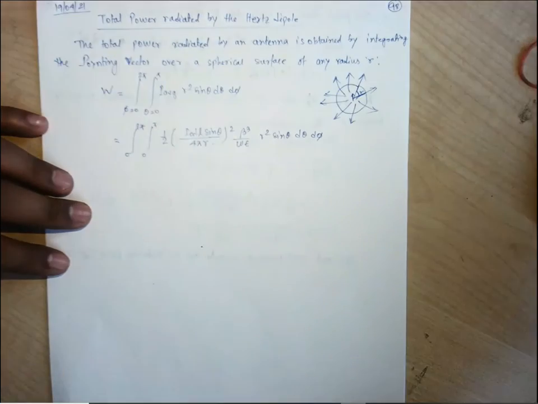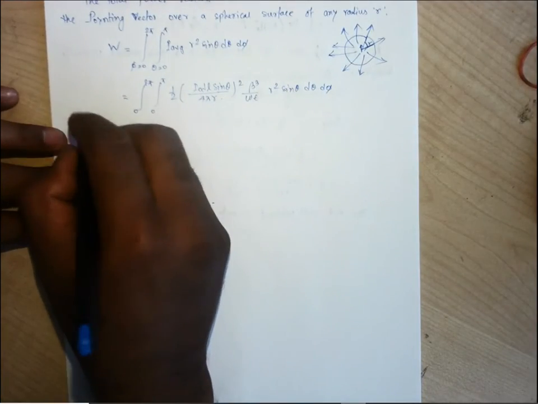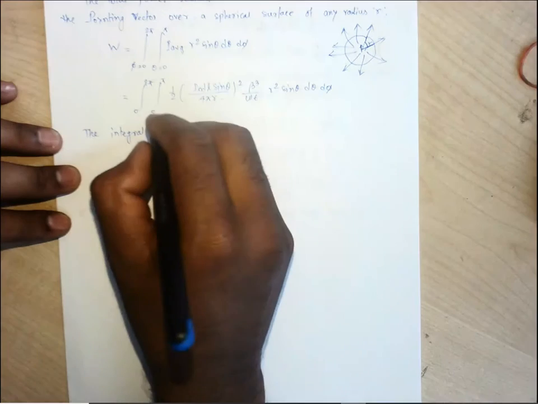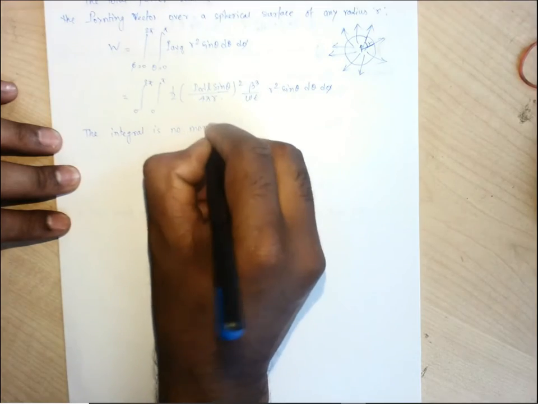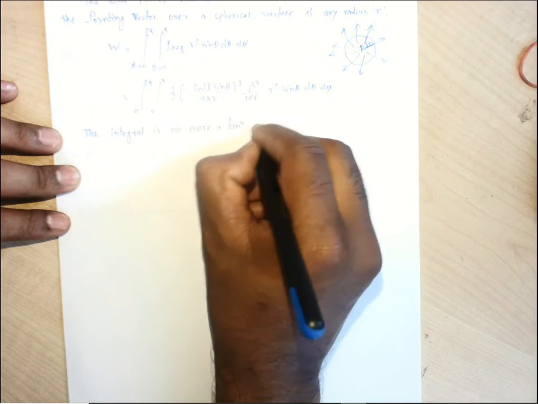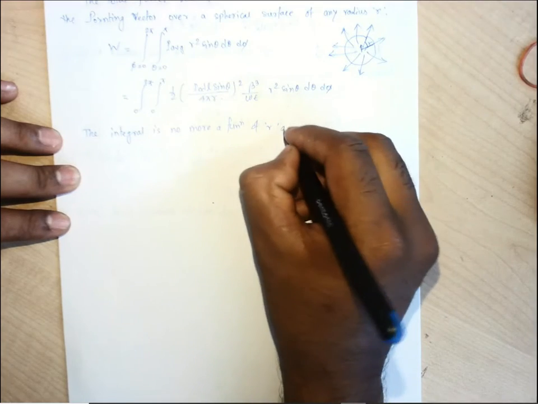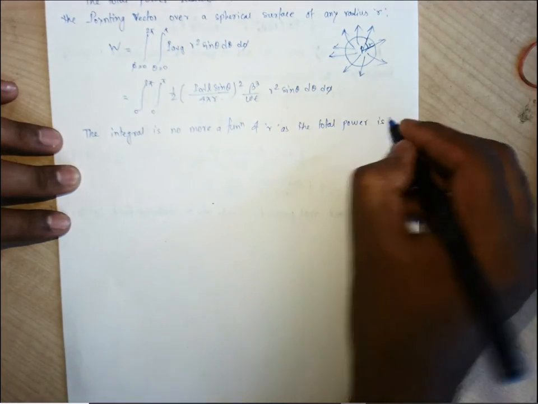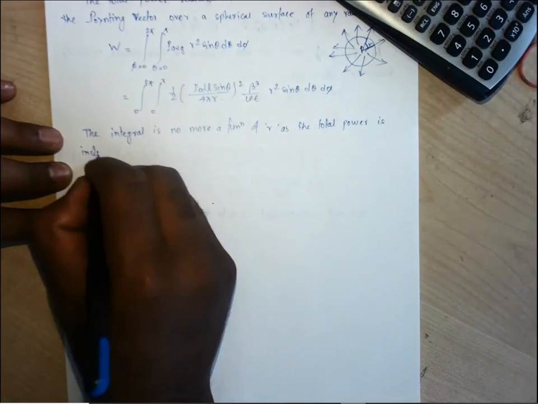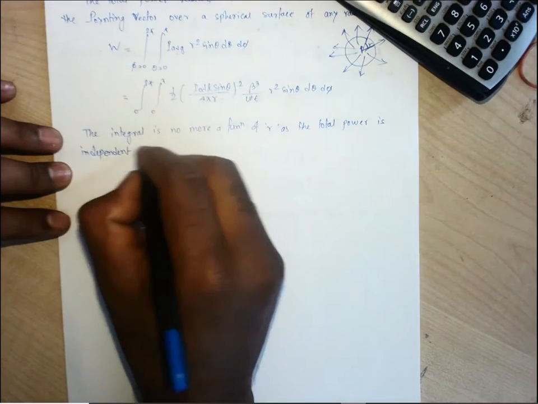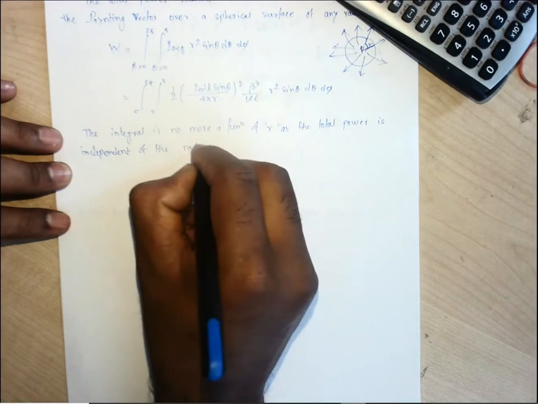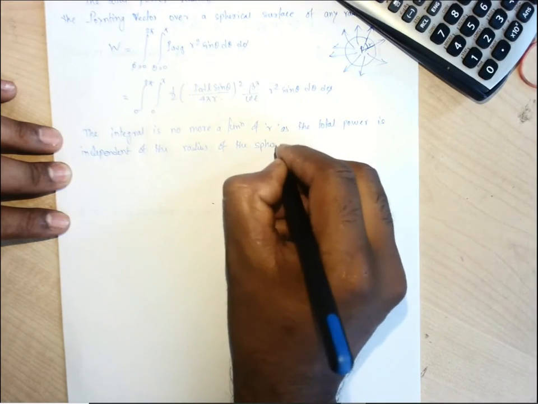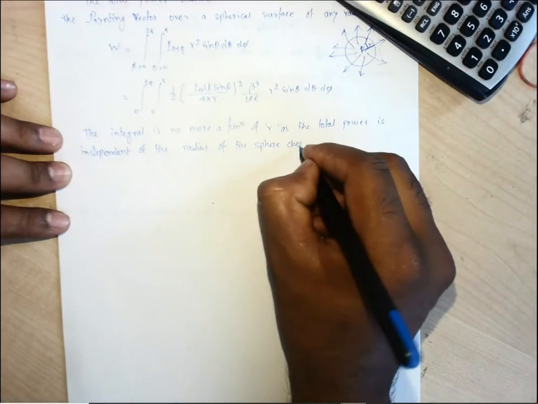The reason is that the integral is no more a function of r, as the total power is independent of the radius of the sphere chosen for integration.